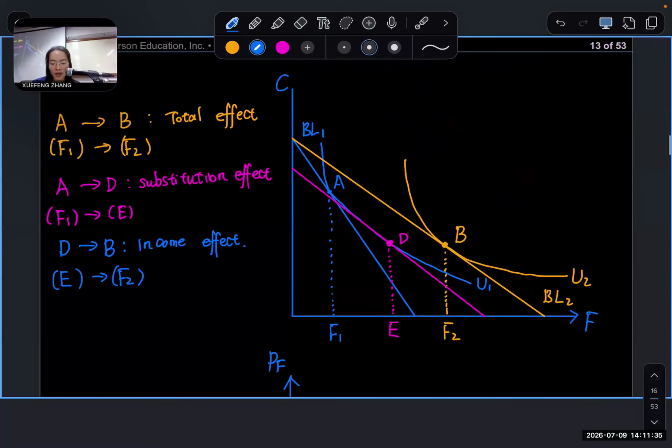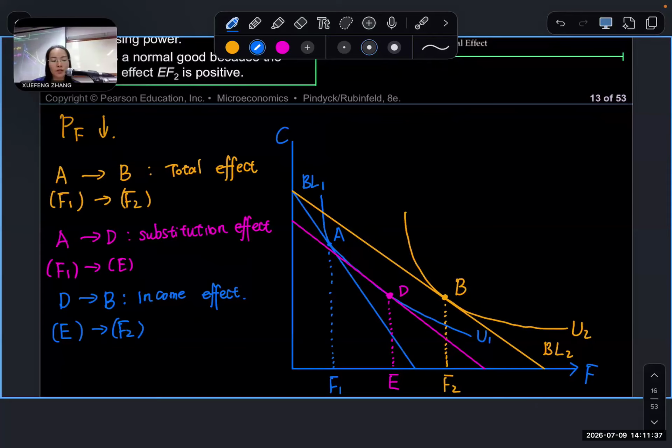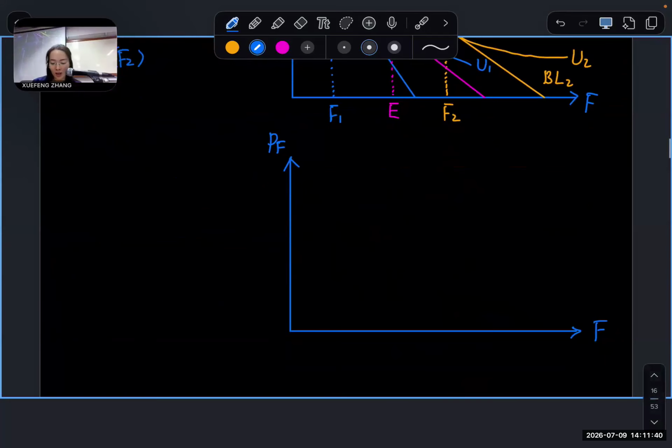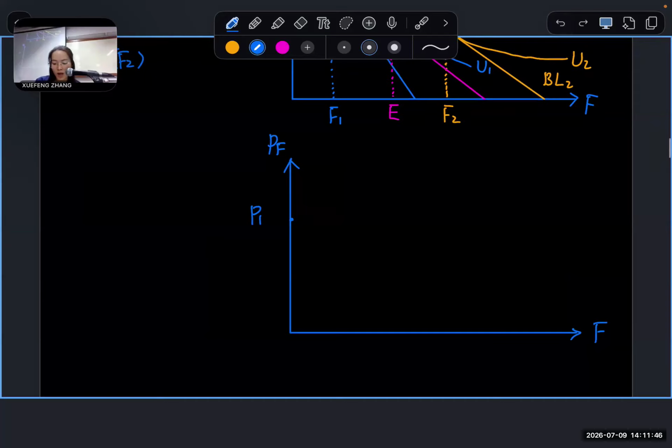And here we are assuming that the price of food decreases. So before, we have a price P1 equal to $2. And then we have our new price P2, which is maybe $1. And let's connect. You draw the dashed line first because we have two different prices.